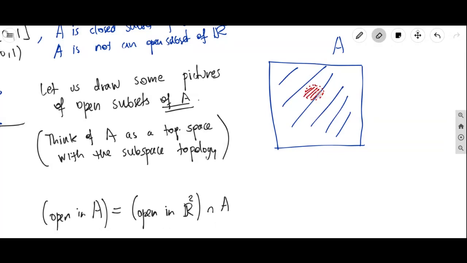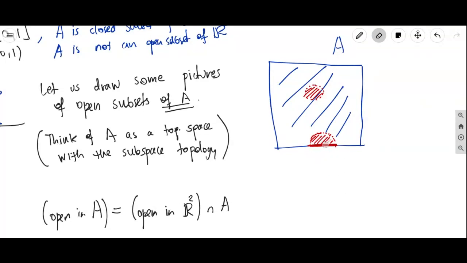However, imagine that you take an open disk and you draw it like this. That's your open disk. So when you intersect it with A, you actually pick up this edge, and then you pick up that side, but not counting the boundary, and you get this. And then you would remove these lines because they're not contained in A. And you get something that looks like this.